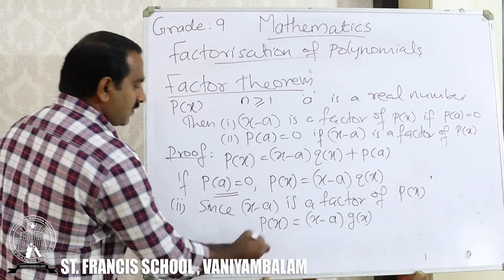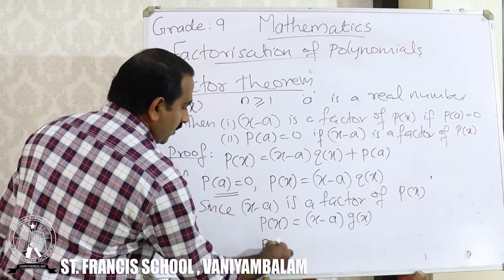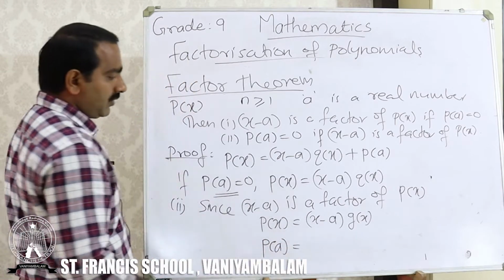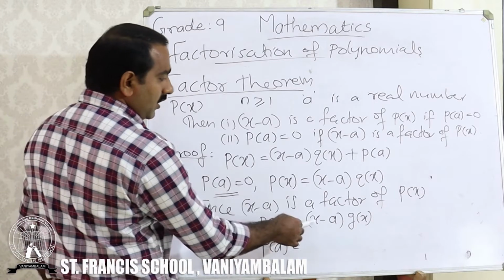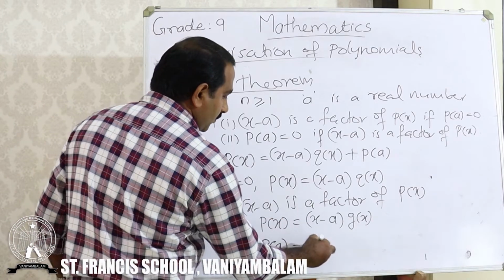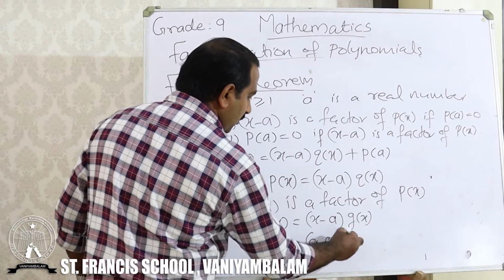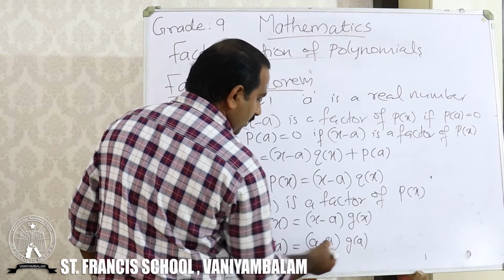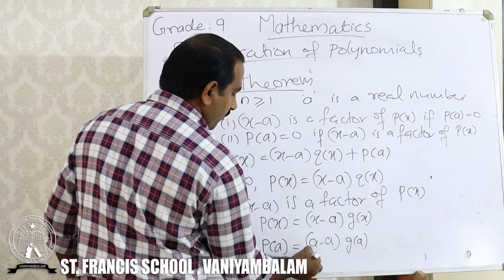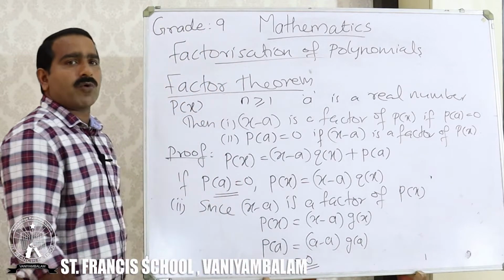And in this case, what is P of a? Substitute x equal to a. P of a equals a minus a into g of a. We know a minus a equals 0, so P of a equals 0. So this is the proof of this theorem.